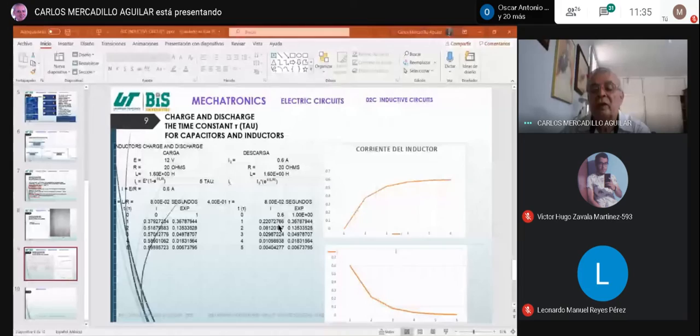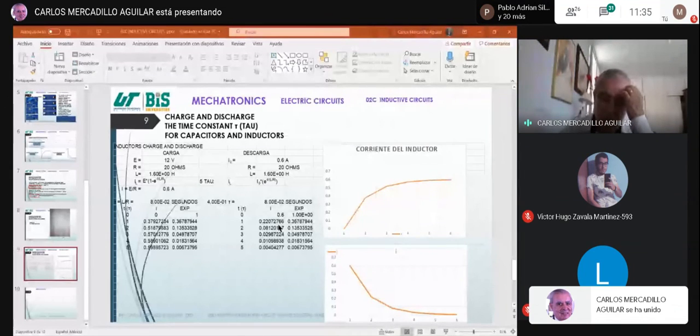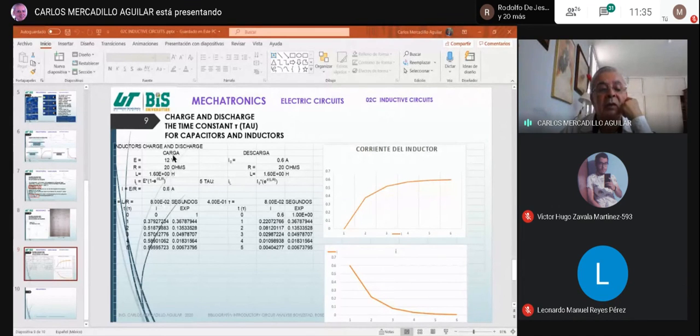And for the inductors, we have the same situation here. We have 12 volts, a resistor of 20 ohms, an inductor of 1.6, and we apply the same formula.